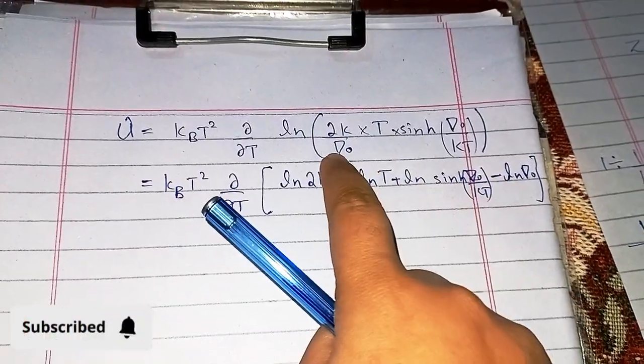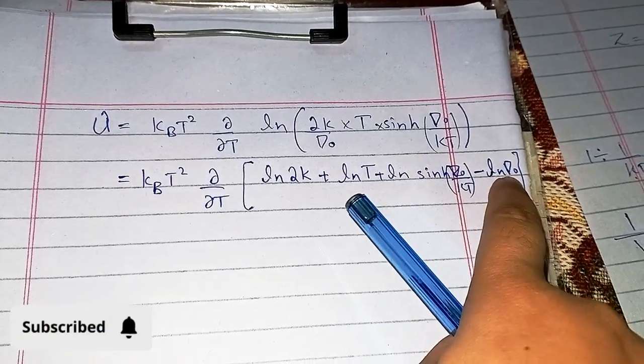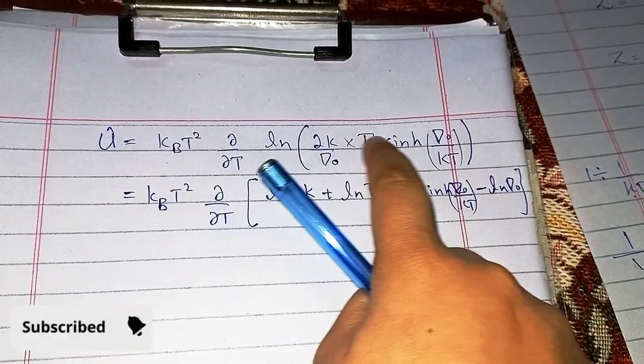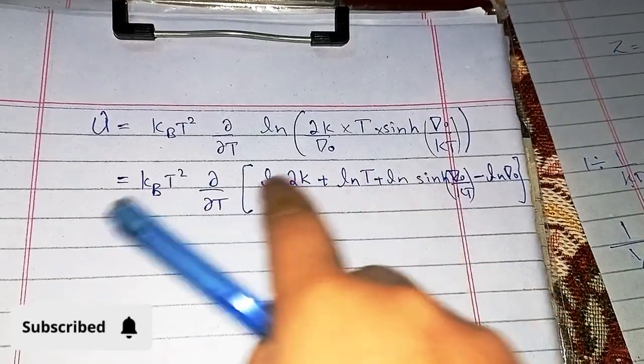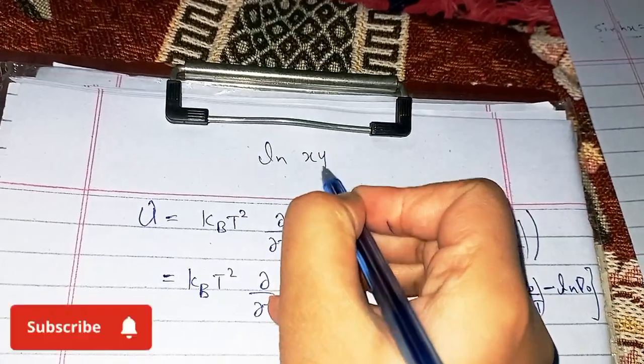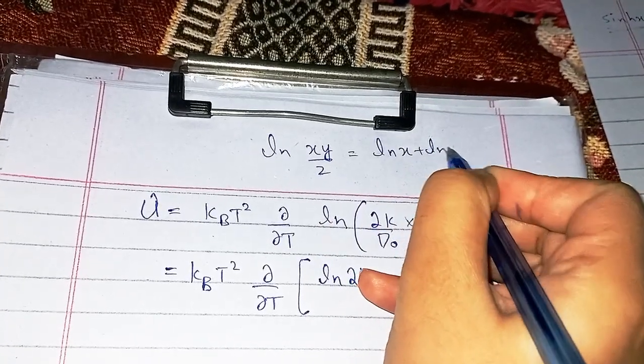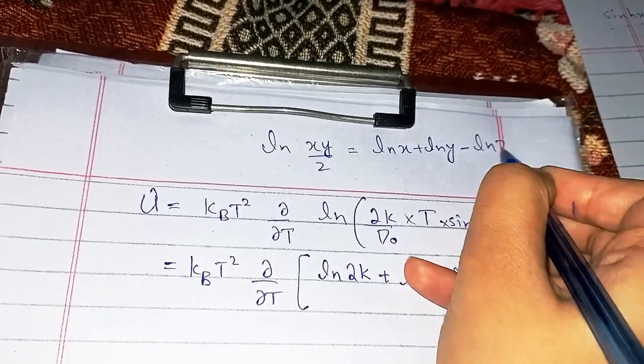You can see here those which were in the denominator, their natural logarithm is being subtracted, while the others which were in the numerator are being added. It's the property of natural logarithm that xy divided by z can be written as natural log of x plus natural log of y minus natural log of z.